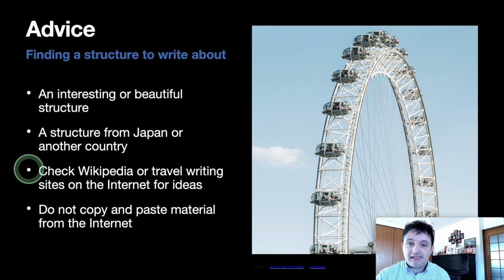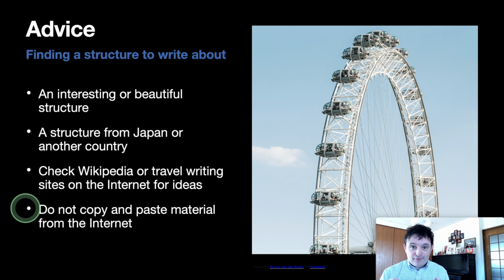Once you've decided, go to the internet, search Wikipedia or other travel websites for reviews. You want to find language, words used by writers when describing structures like buildings or famous landmarks. When you do this, you can pick up words to use in your own writing.